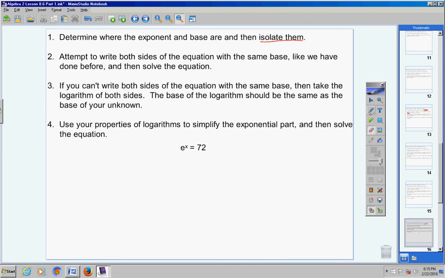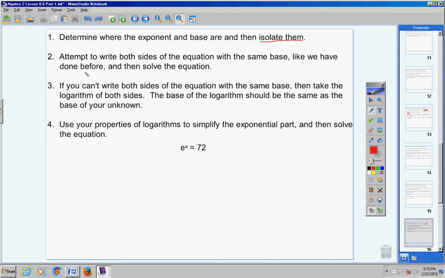No. Now, if the equation looked like this, if it looked like that, here's your exponent, here's your base, you'd have 2 numbers to get rid of, the 2 and the -6, okay? But in this problem here, step 1 is already done for you. Here's your exponent, here's your base, they're already isolated, okay?